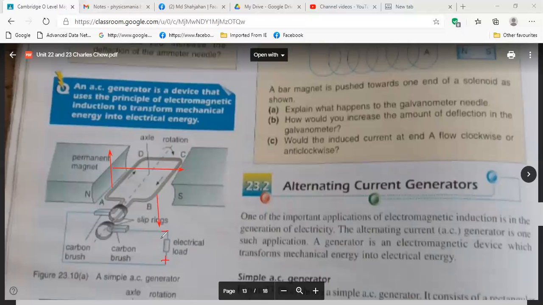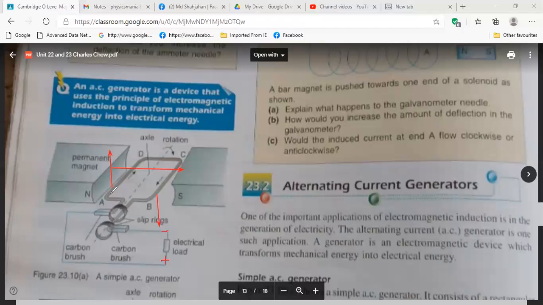Now you have the first half of the rotation. If the rotation continues, AD will come to the other side, right? And BC will go to the other side. At that time the directions of BC and AD are reversed.